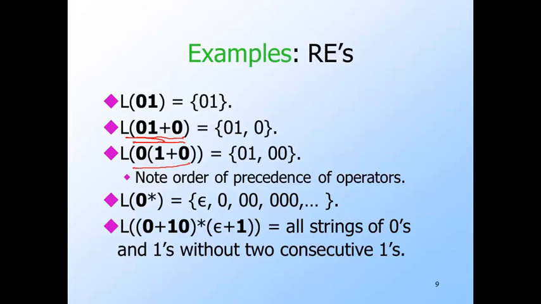To see why this works, in every such string, that is any string in the language, each one is either followed immediately by a 0 or it comes at the end of the string. Now, this part of the expression, 0 plus 10 star, denotes all strings in which every one is followed by a 0.